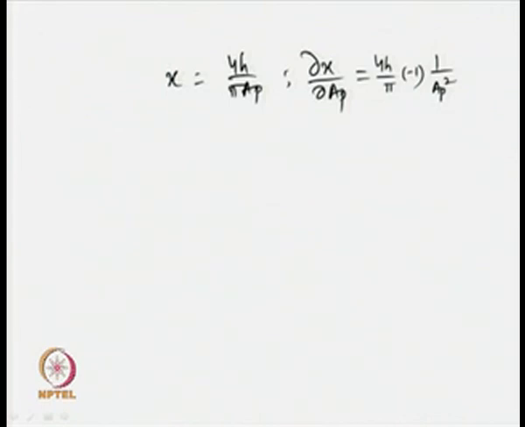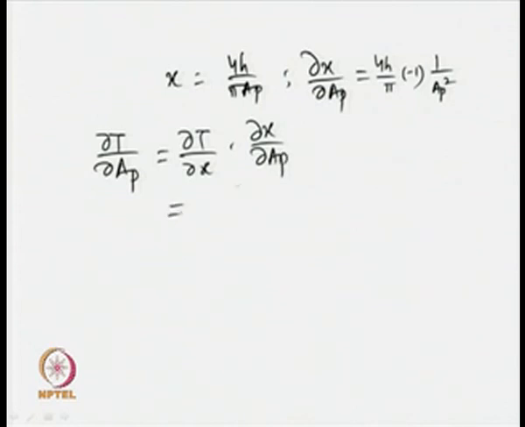So, that will give us finally del T upon del a p, del T upon del x times del x upon del a p, minus 16 k square h square.